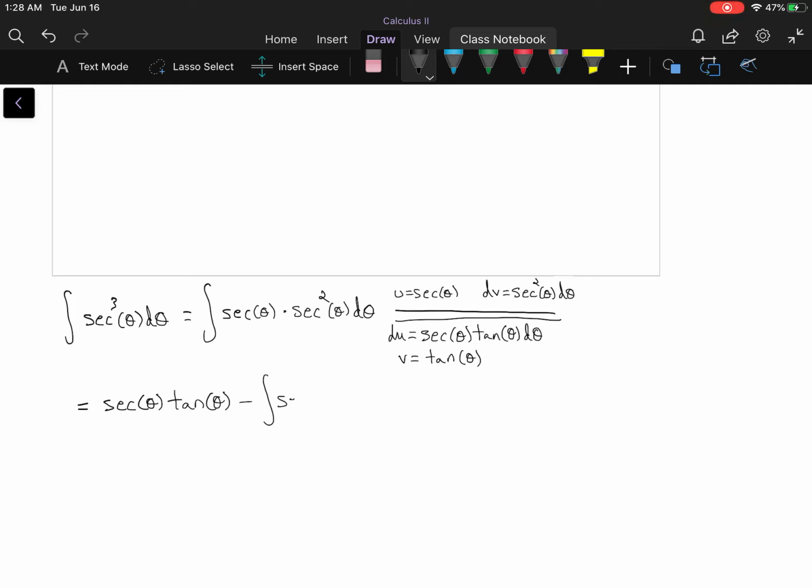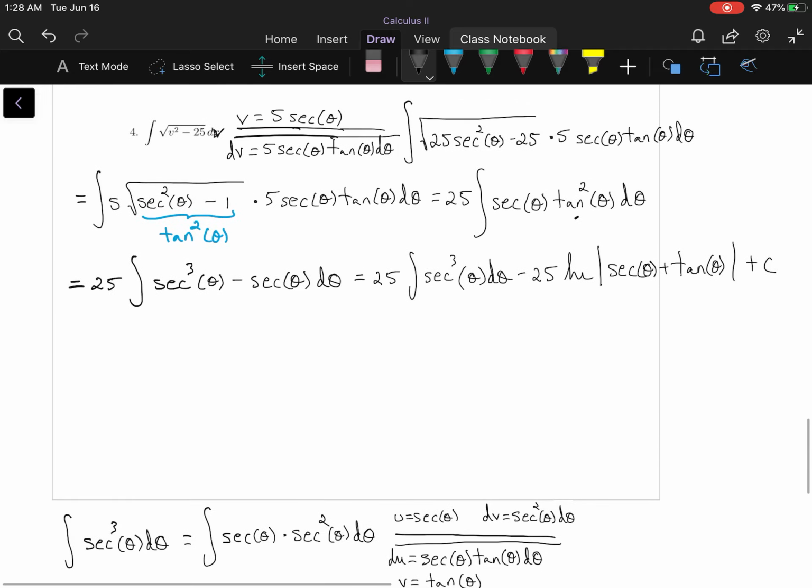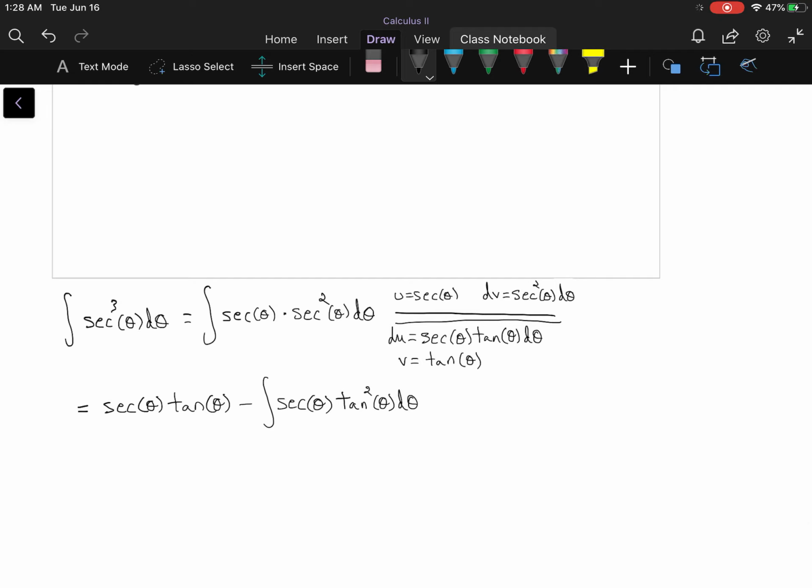So that's going to give us secant times tan squared, and this all stems from the fact that tan squared, remember, is secant squared minus 1.